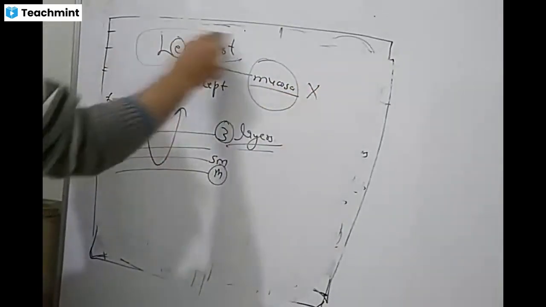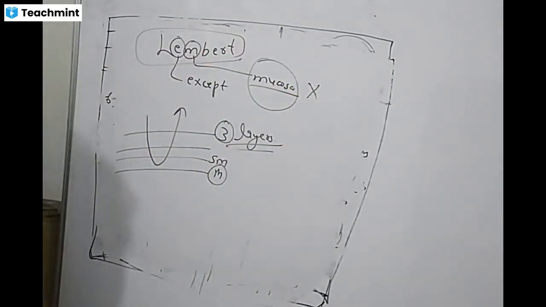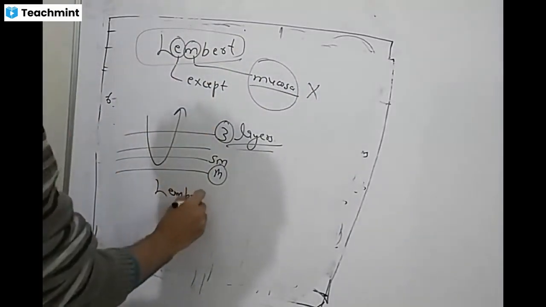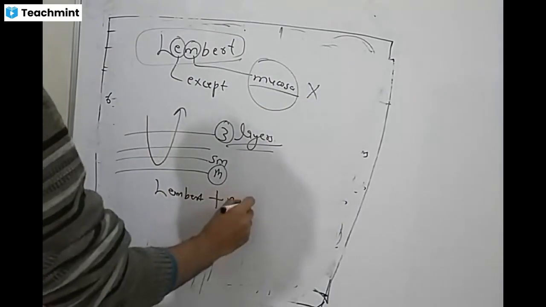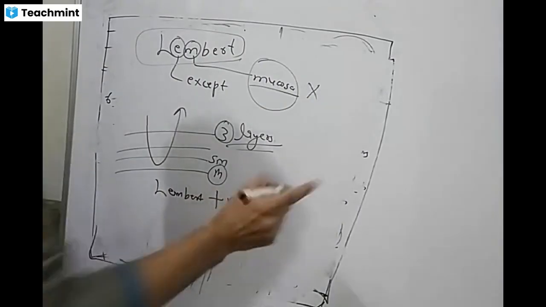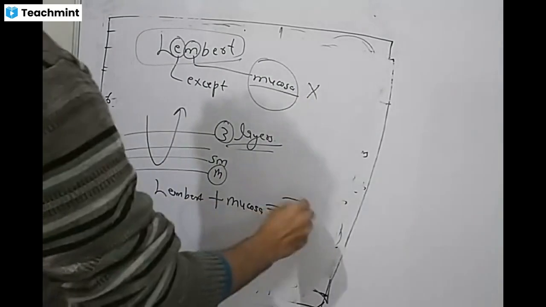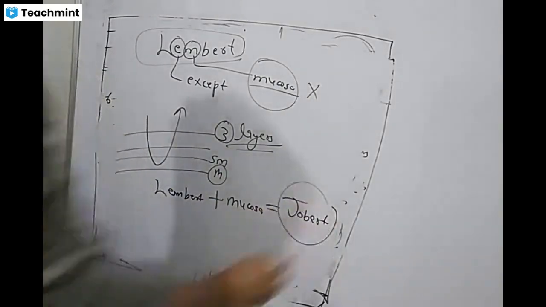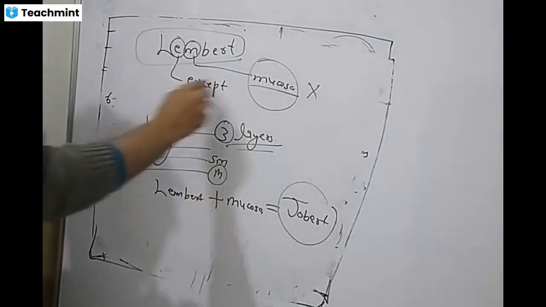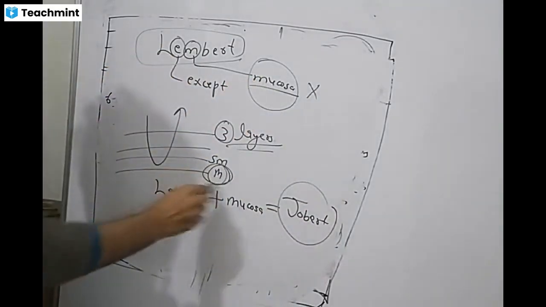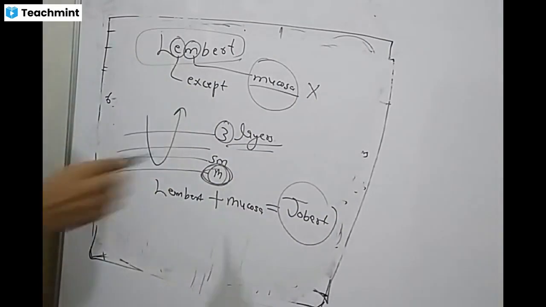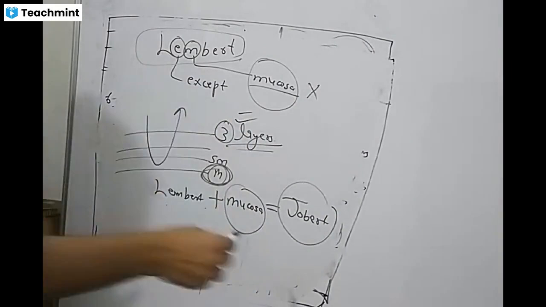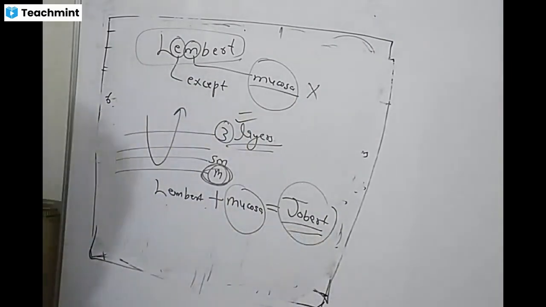This is your Lambert. If we add Lambert plus mucosa, then the name will change to Jobert. Lambert is without taking the mucosa, only three layers. If we take mucosa with the Lambert, it will become Jobert.